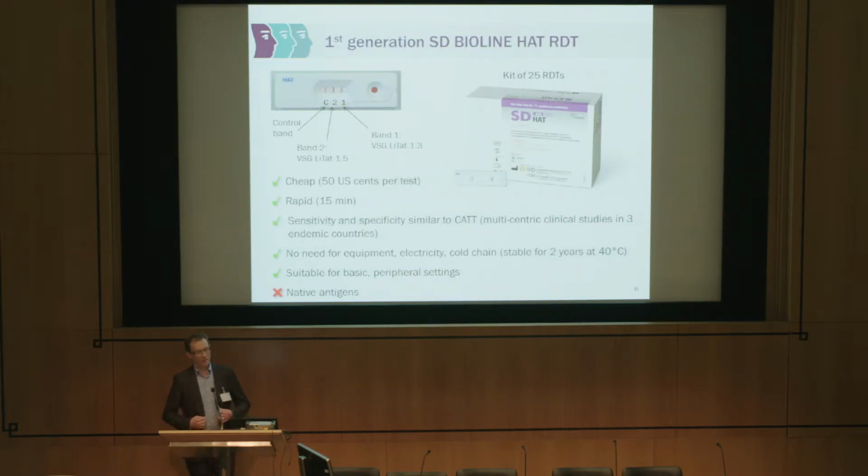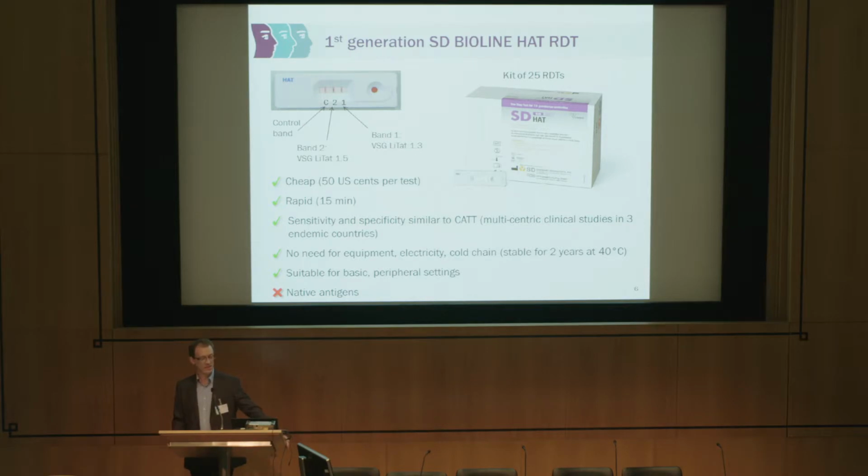So, to make a long story short, this is what we call the first generation RDT, which was developed and launched in 2012. It is today based on native antigens, so it's still a challenge, still a limitation. However, it has already met a number of significant targets in that it is cheap, 50 cents, and rapid, 15 minutes.